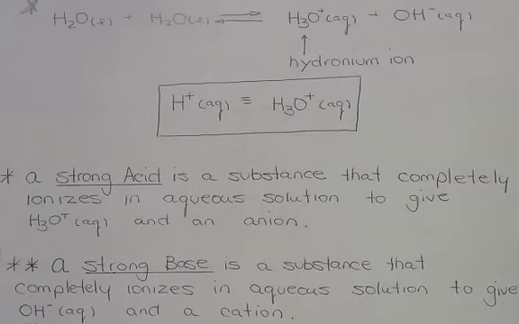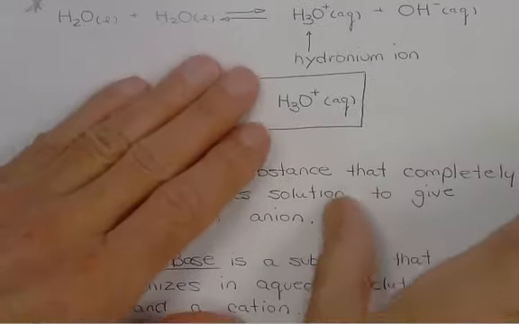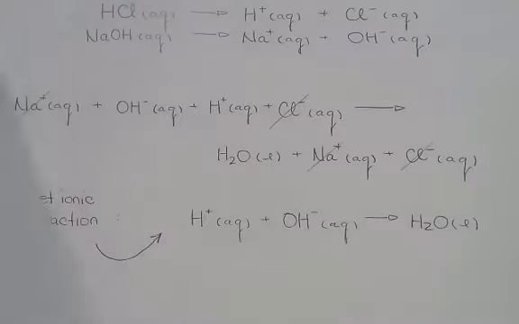So it's not an equilibrium reaction. It's a reaction that goes all the way to the right. Or if you want to think about it as an equilibrium reaction, it's one where the Ka is infinity. Okay, what's a strong base? It's a substance that completely ionizes in aqueous solution to give OH negative 1 and a cation. So we'll probably show you some examples of this on the next page.